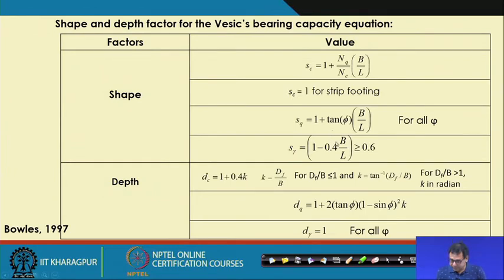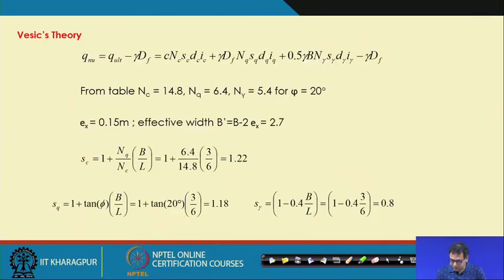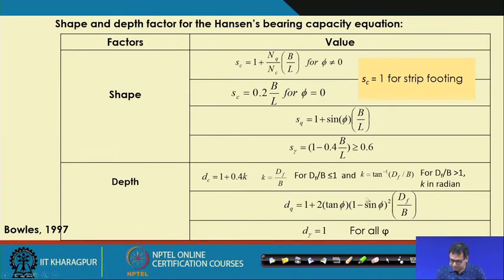That is the only difference in this chart, otherwise all are the same. Only it is given A k, but that is also Df by B.